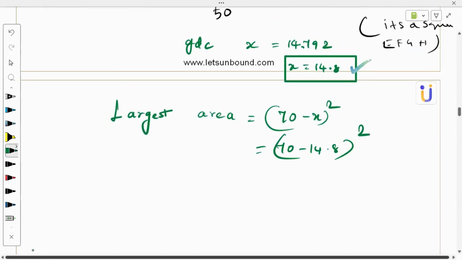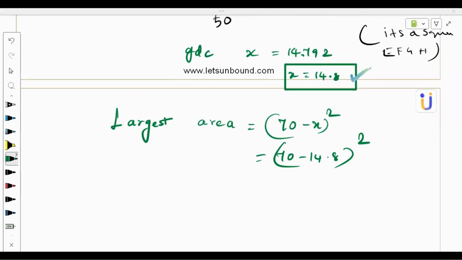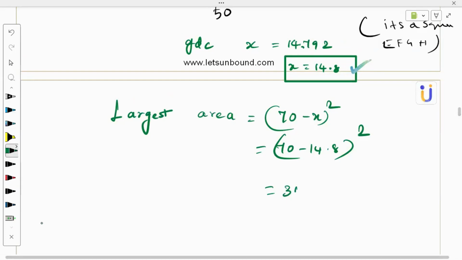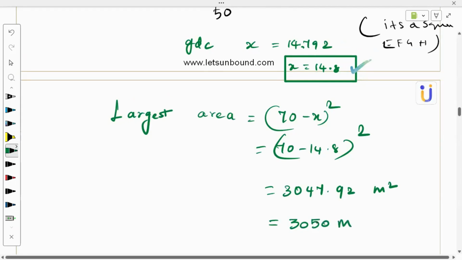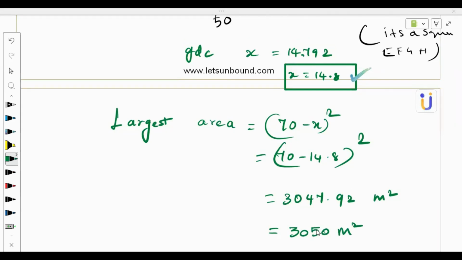This is a simple calculation. Subtract and square it. You will get around 3047.92 meters squared. And to three significant figures, when you round it off, it's around 3050 meters squared. This is the largest area that's possible in this case.